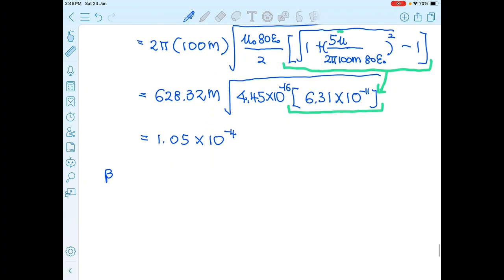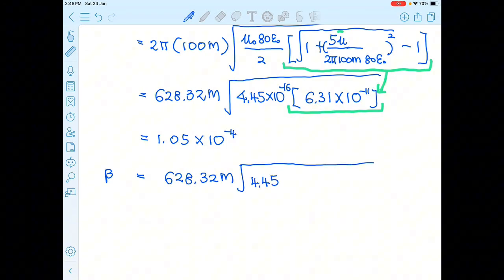So you can use back the same equations. Over here you have 4.45 times 10 power negative 16, and here it becomes 2 because it is plus 1, plus 1, so it will become 2. You can write down the equations.